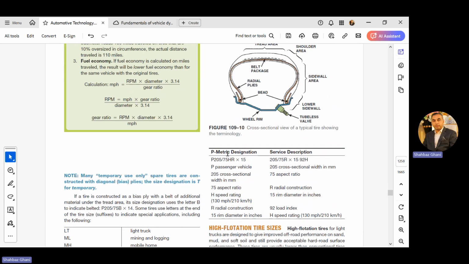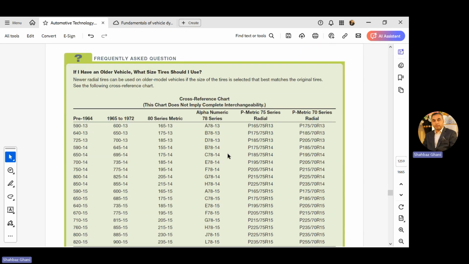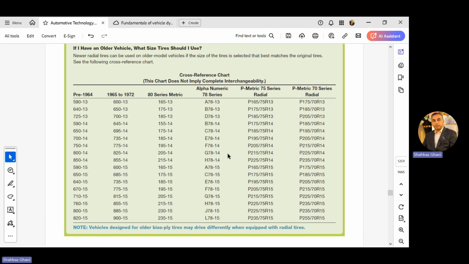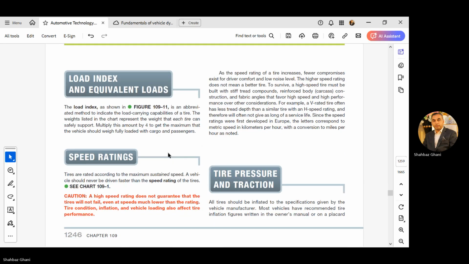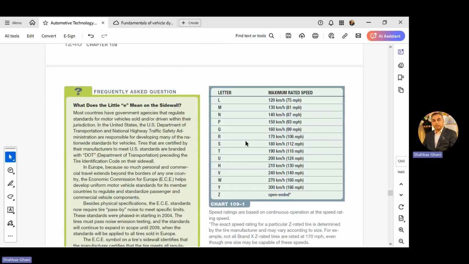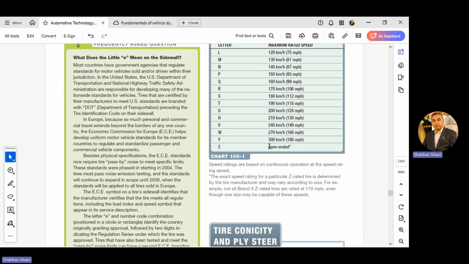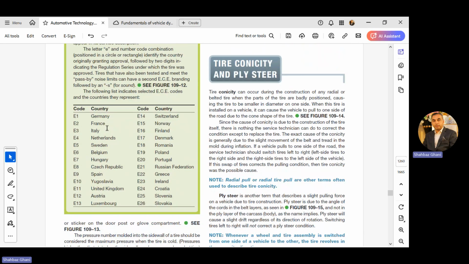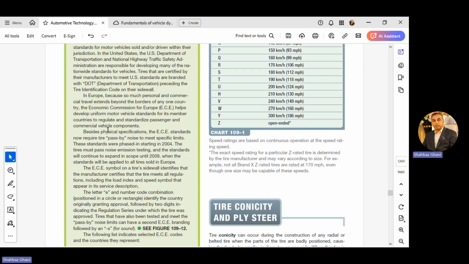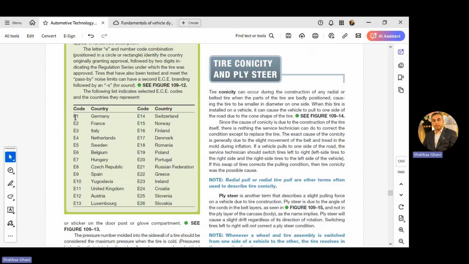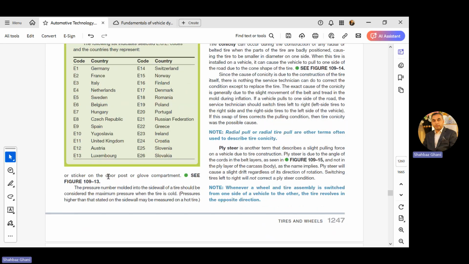And these are the cross-reference charts, load index. These are the letters corresponding to the speed. And if your tire has this E number, E code, these E1, E2, E3, then it corresponds to that country. Okay. We can use that.